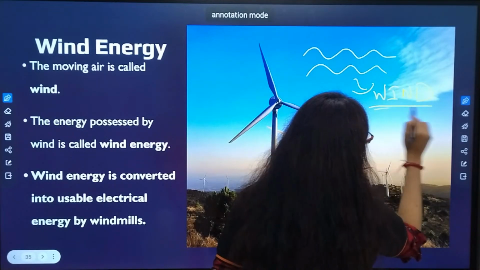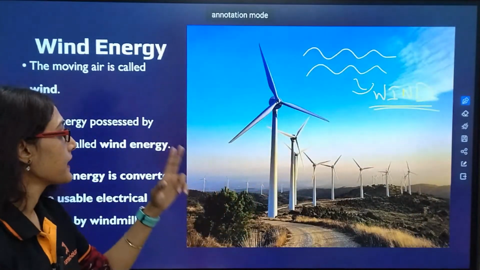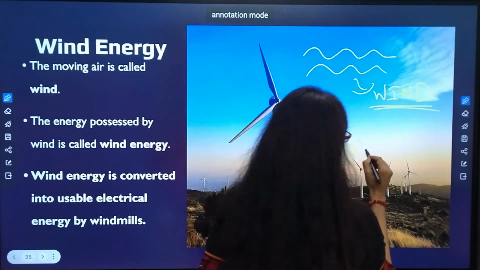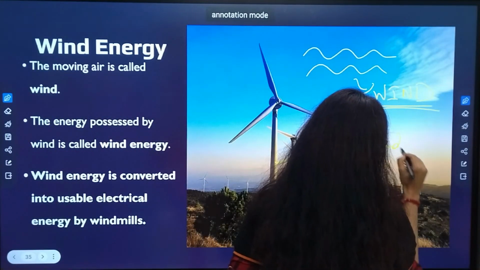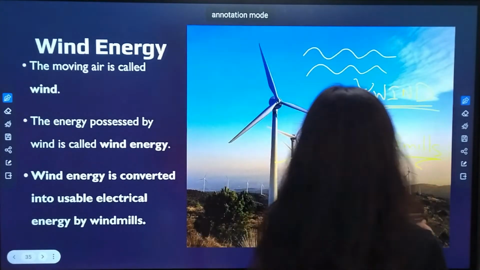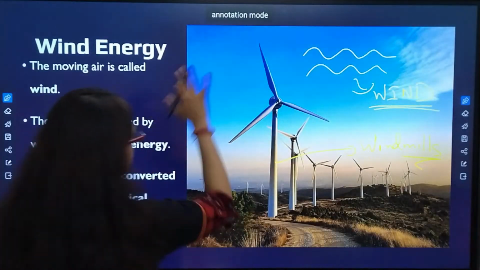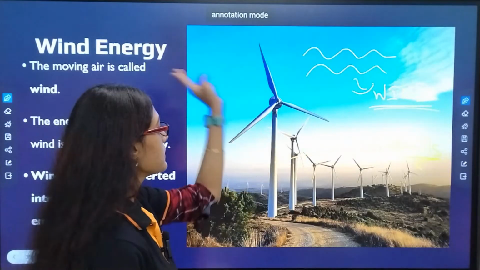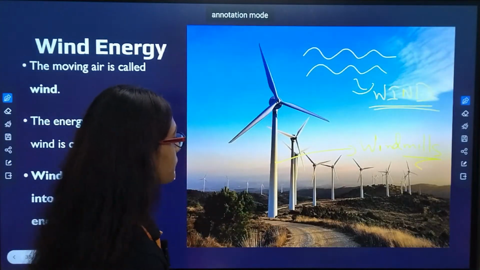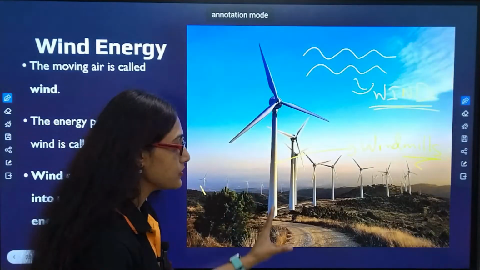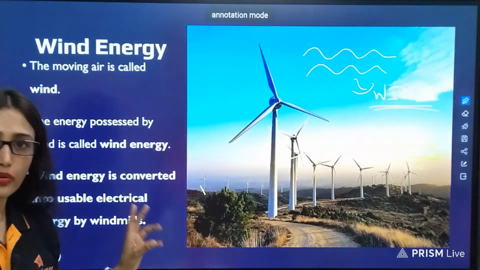So, when wind blows, these turbines, what are they known as? They are known as windmills. When wind blows, these turbines also move along with the wind and produce electricity.